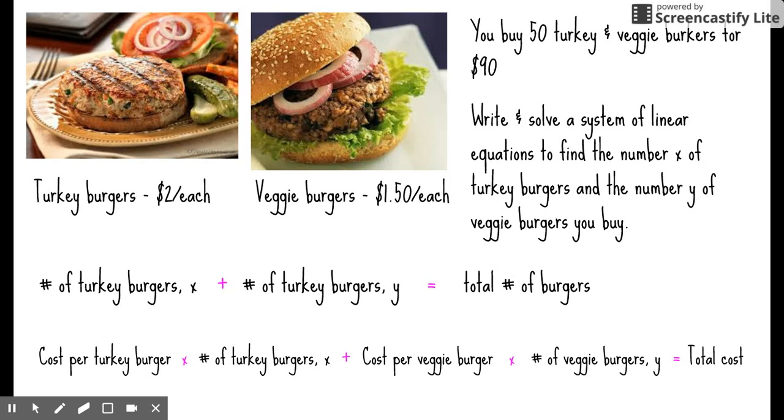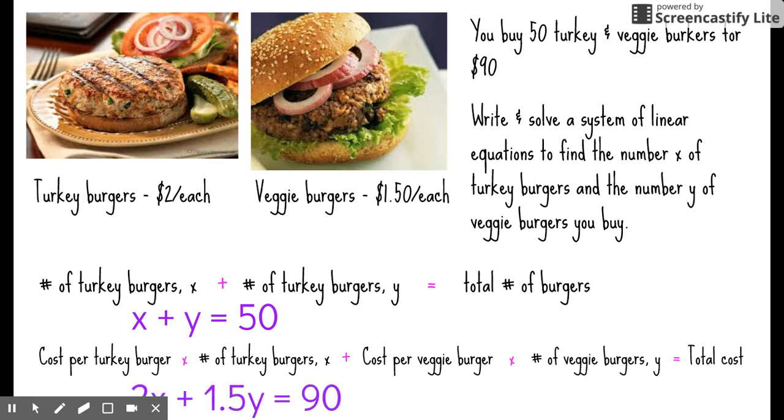And our second linear equation is going to be the cost per turkey burger times the number of turkey burgers plus the cost per veggie burger times the number of veggie burgers, y. And that will give us our total cost. So our first equation is just going to be x plus y equals 50. The number of turkey burgers plus the number of veggie burgers equals 50. 50 were bought in all.